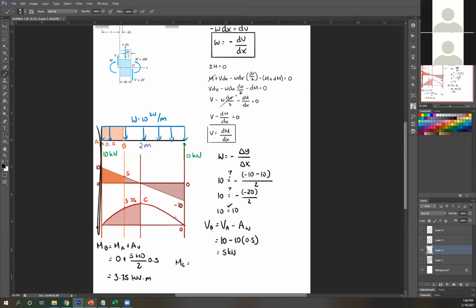So again, this is my A. So MA, and MA is 0, plus the area between A and C. This is a triangle, so it's 1/2 base times height. The base of this is 1 meter, since this is at half.